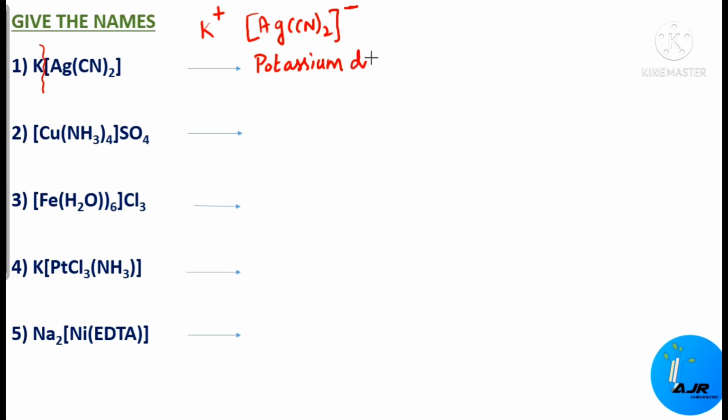Potassium, dicyanido. Then comes the central metal atom. It is argentum. But since it is an anionic complex, we cannot write argentum. Instead, we should write argentate.